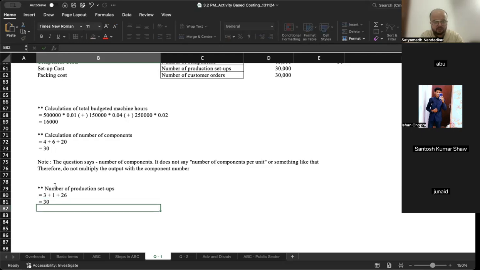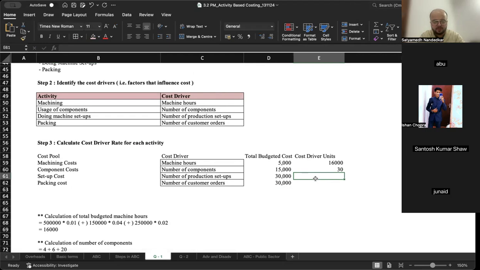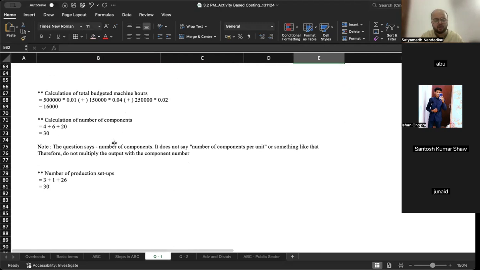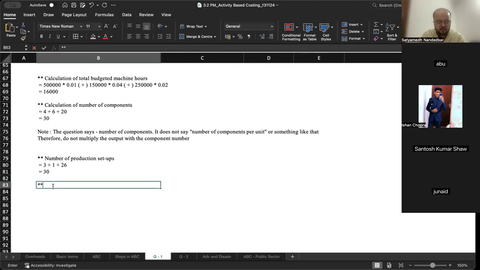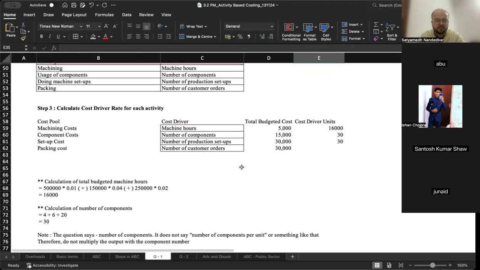Again, that is 30, right? So your denominator is 30 here. Now I'll also tell you how to express the cost, don't worry. And packing is number of customer orders. How is that calculated? 21 plus 4 plus 25.